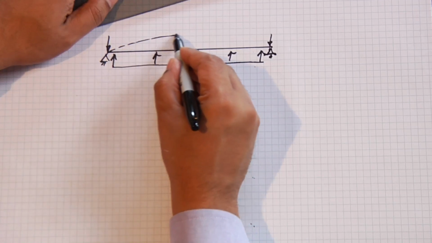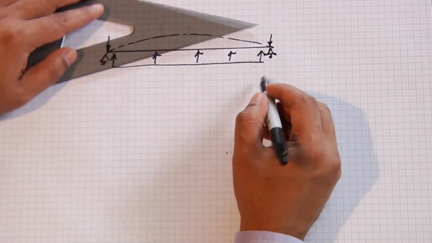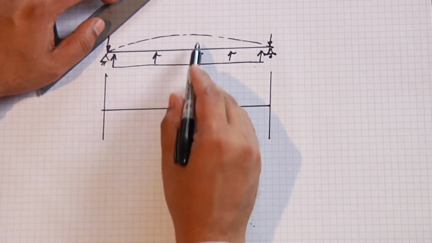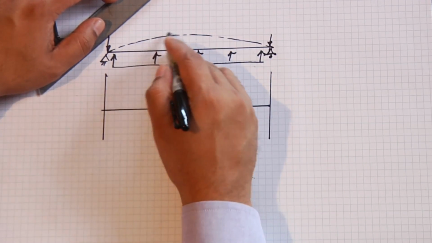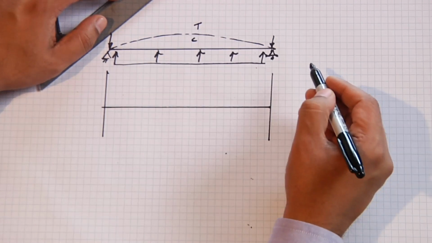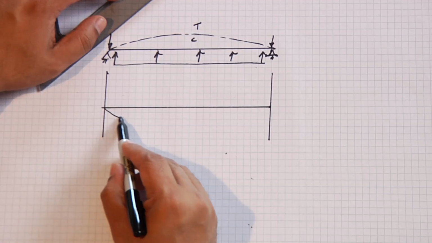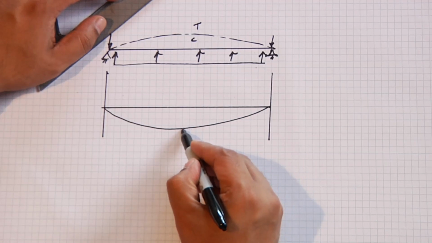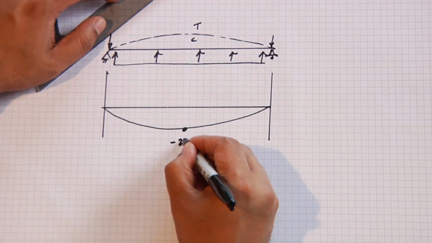Then my elastic curve would look like this. My moment diagram would be negative because here my elastic curve is in the opposite direction, where I have tension on the top, compression on the bottom. And so my moment diagram would go like this. And this would be minus 250.